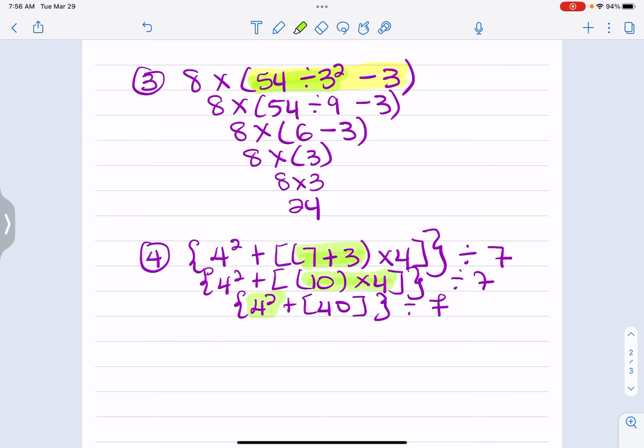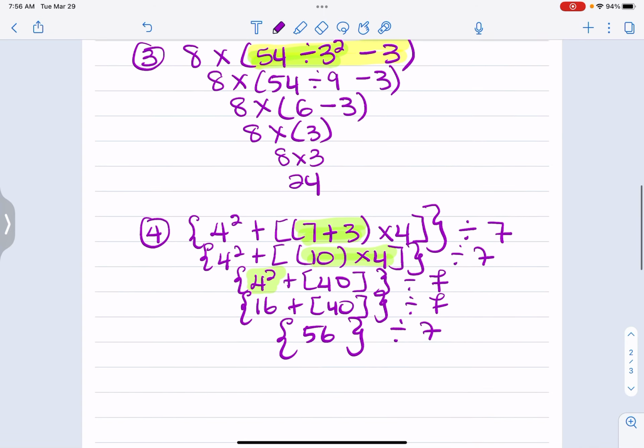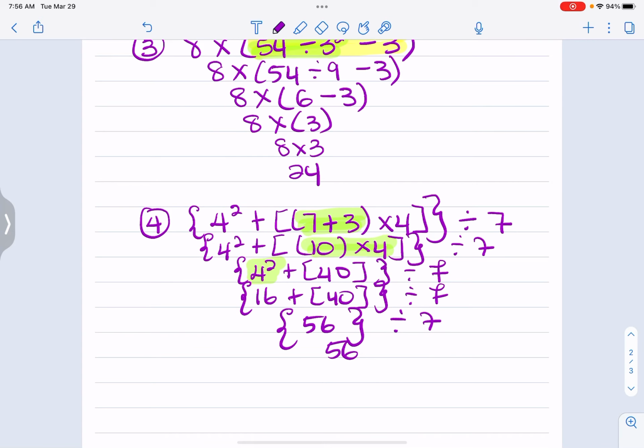So I move to exponents. 4 squared means 4 times 4. 4 times 4 is 16. Now again, work to remove your groupings. So 16 plus 40 is 56. Divide 7. I can now remove my braces. So 56 divided by 7, and that is 8.